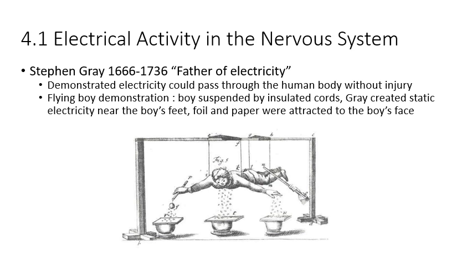He was famous for a demonstration where he would suspend a kid by insulated cords, sometimes silk cords, and create static electricity near the boy's feet, and show that foil and little bits of paper were attracted to the boy's face. So the static electricity passed through the boy's body to attract these bits of paper and foil near the face.